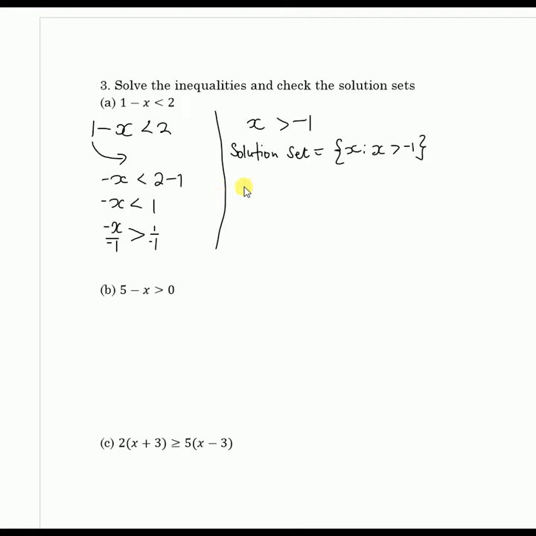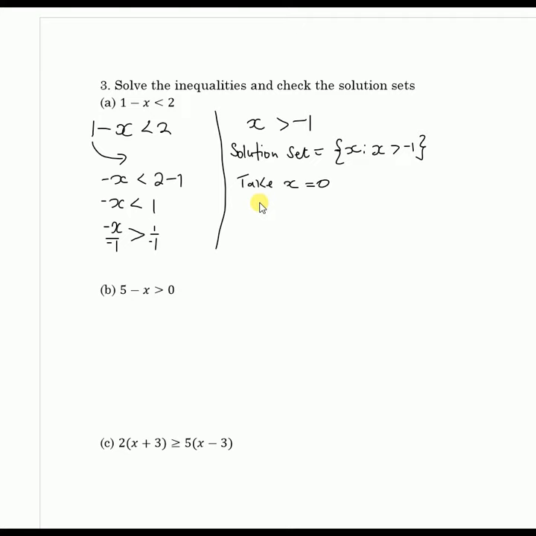Now let us take any number greater than negative 1. Take x equal to 0. I told you I prefer 0 because it simplifies the work. Whatever things can easily cancel out. So when I get x equal to 0, I substitute it in the original expression and see whether this solution satisfies that inequality.